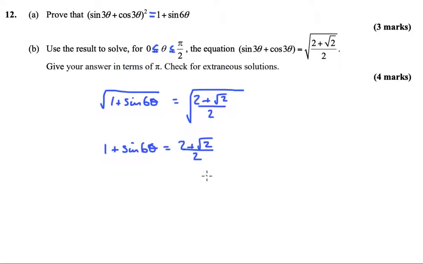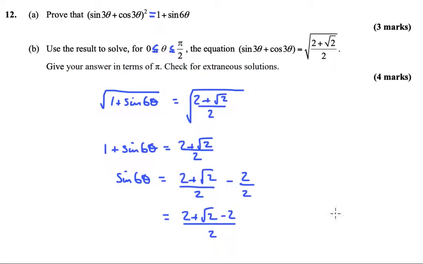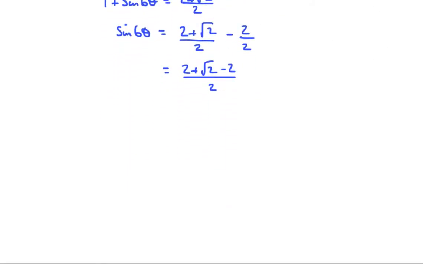So this is the problem that we have to solve. I'm going to subtract 1 to get the sine 6 theta on its own. So 2 plus root 2 over 2, take away 2 over 2, so that I can bring it together, which is going to be 2 plus root 2, take 2, over 2. The 2's on the top are going to cancel, so we're going to have just root 2 over 2.